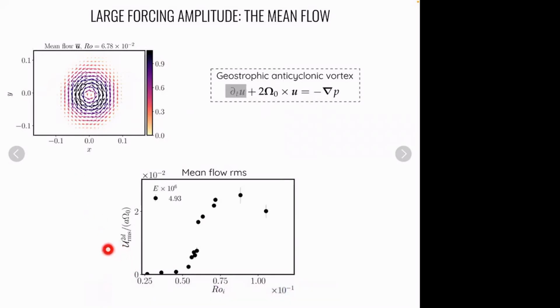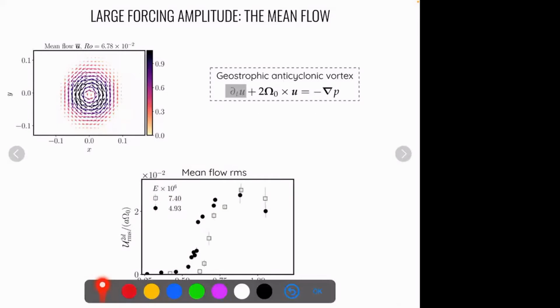And if you compute the RMS amplitude of those mean flows as a function of the Rossby number, you see that there is a quite sharp transition from a very weak mean flow to strong mean flow by just increasing the Rossby number. So that was at one particular value of the Ekman number, but you can also track it at different Ekman numbers.